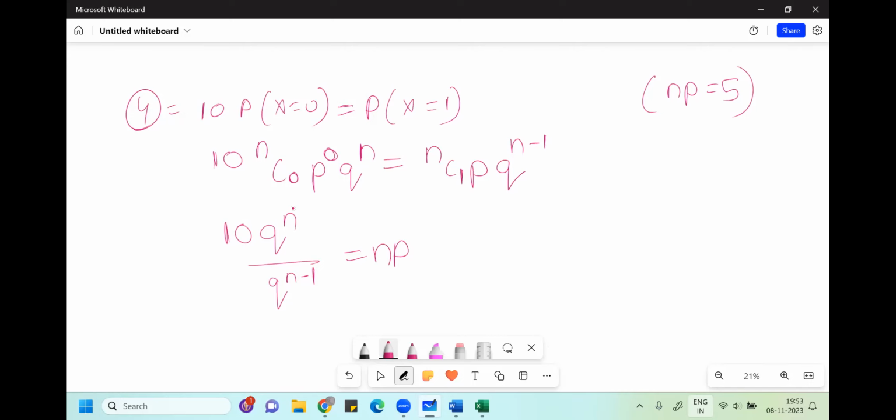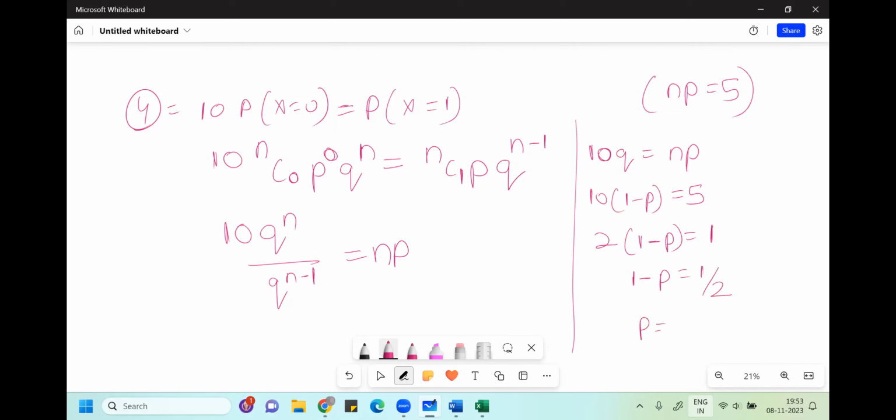Fine, everyone. So this would be 10q is equal to n into p. So q I can write as 1 minus p. n into p is 5. So 2 into (1 minus p) equal to 1. So 1 minus p equal to 1 by 2. So p and q is equal to 1 by 2.